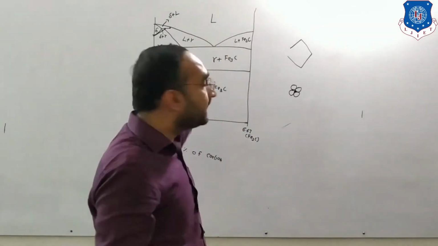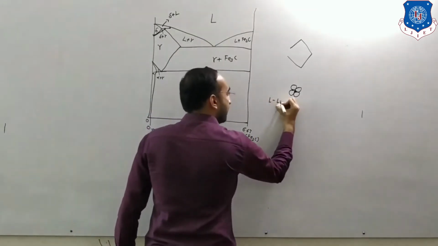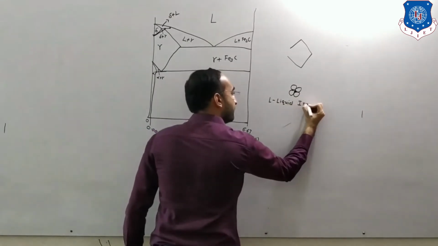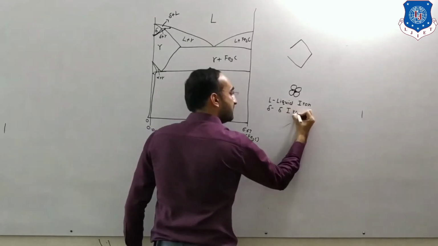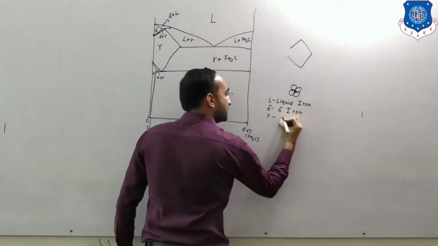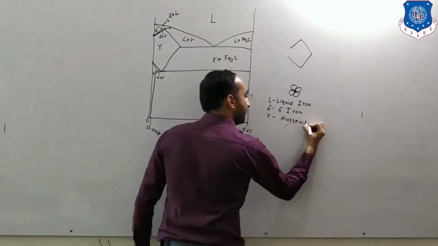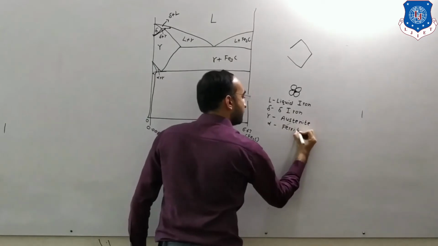Now what does this indicate? The different phases. The different phases indicate that L stands for liquid iron. Delta stands for delta iron. Gamma stands for austenite phase. Alpha stands for ferrite phase.